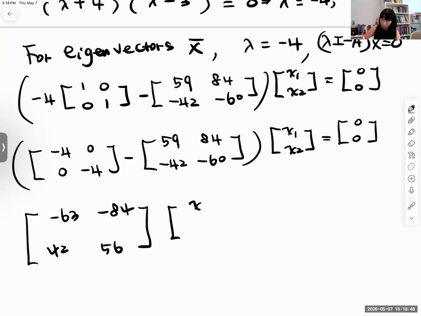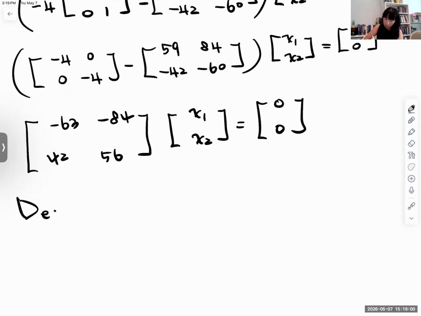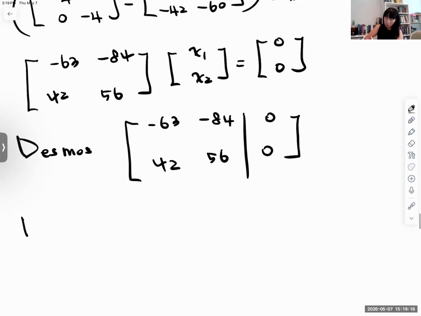Then x sub 1, x sub 2 equal to 0, 0. Using Desmos tools to find the solution, we enter negative 63, negative 84, 42, 56, 0, 0, then reduce to row echelon form.